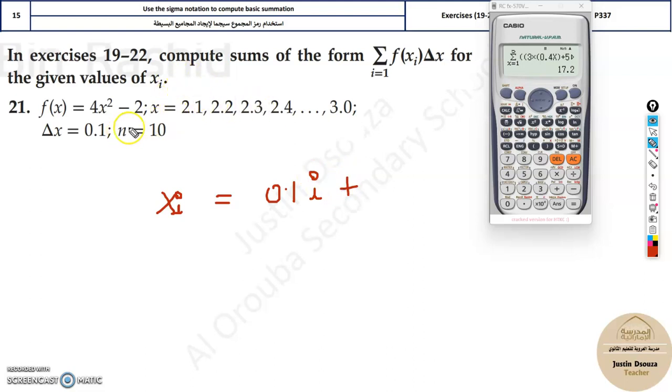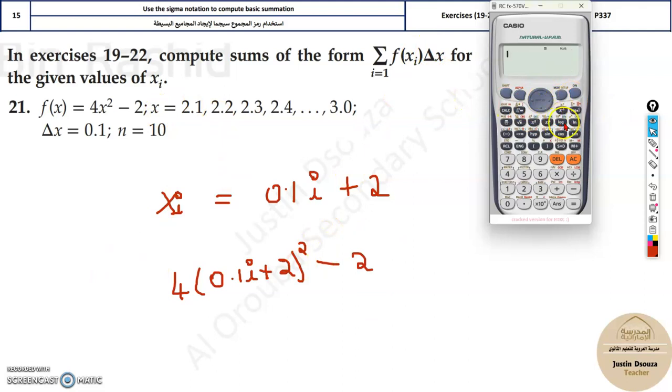Whatever is the first value, subtract delta x. That is 2.1 minus 0.1 is equal to 2. This is the only difference. Now you are supposed to substitute (0.1 i plus 2) the whole squared minus 2 instead of x. Why? Because it's not starting from 0. And don't forget to multiply delta x.